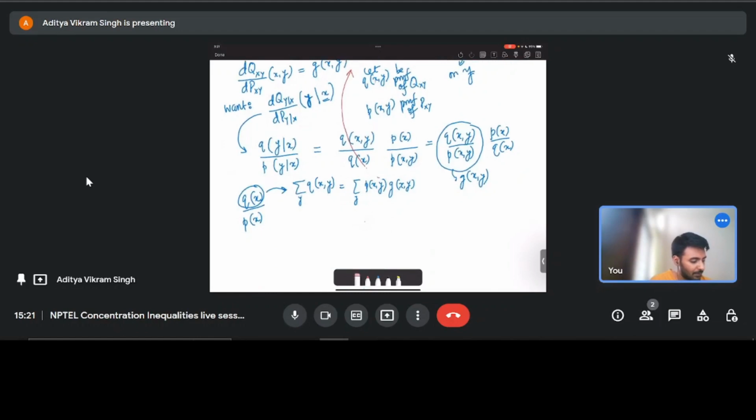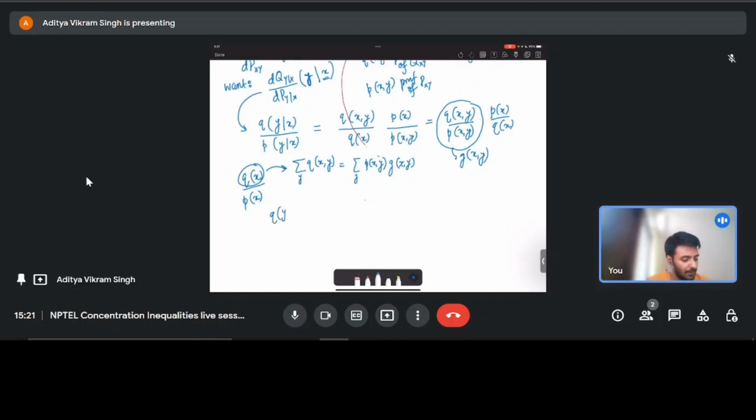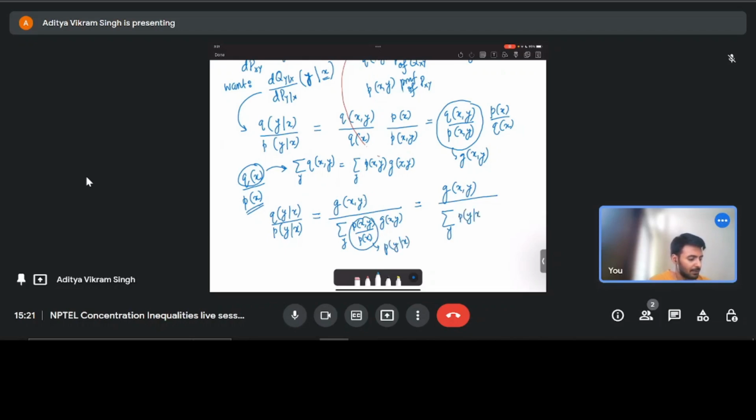And so basically what we obtain is q(y given x) by p(y given x) is g(x, y) by the summation over y of p(x, y) g(x, y) by p(x). This by p(x) is because we have this by p(x) here, which is basically just p(y given x). So it's like p(y given x) into g(x, y).